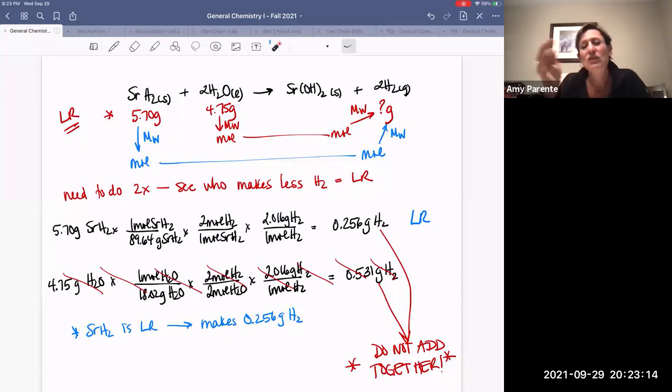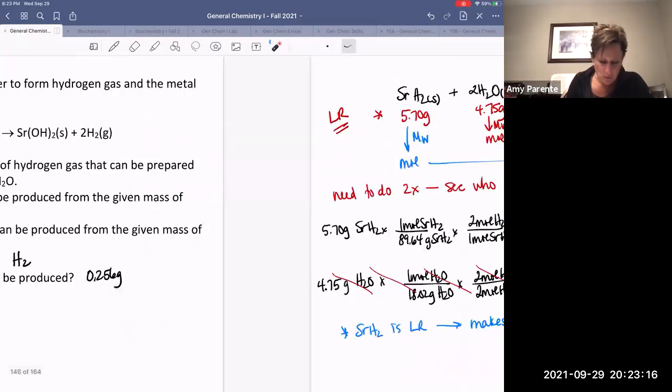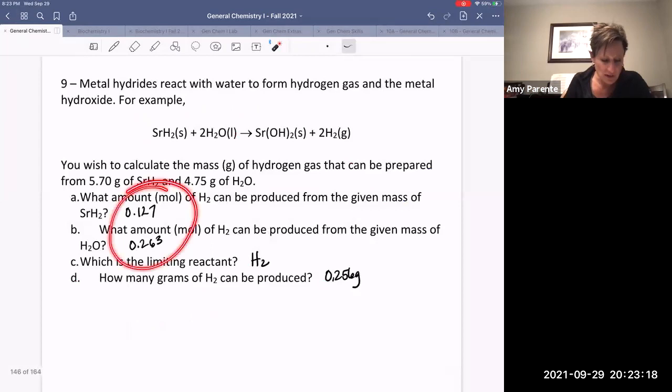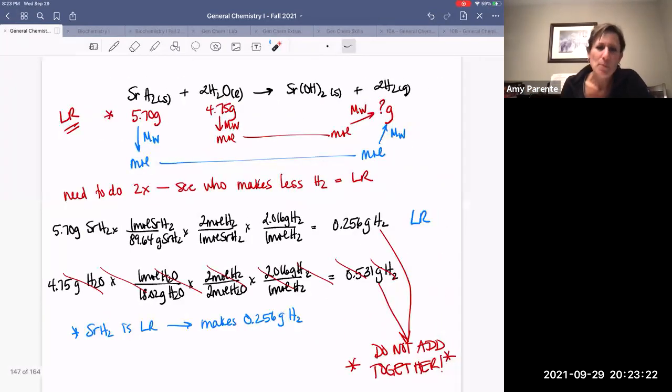Okay. So as part of this problem, you see how I wrote down these numbers that were here? I don't have those numbers on this problem. When I was making this key for this problem, it's not common to stop your calculation and figure out moles.